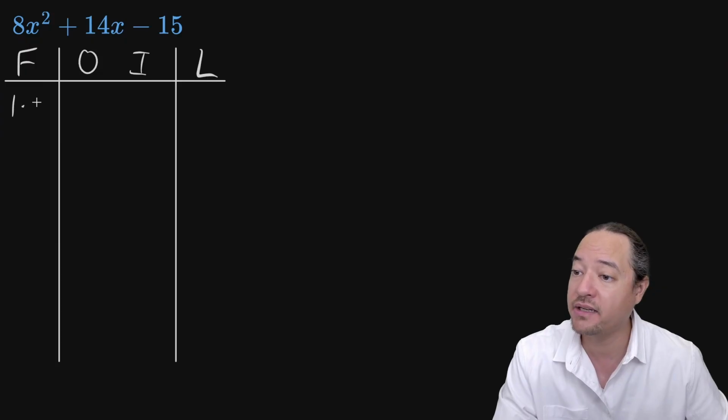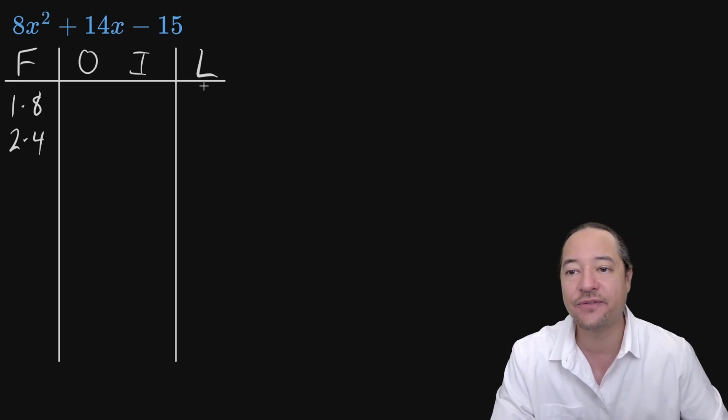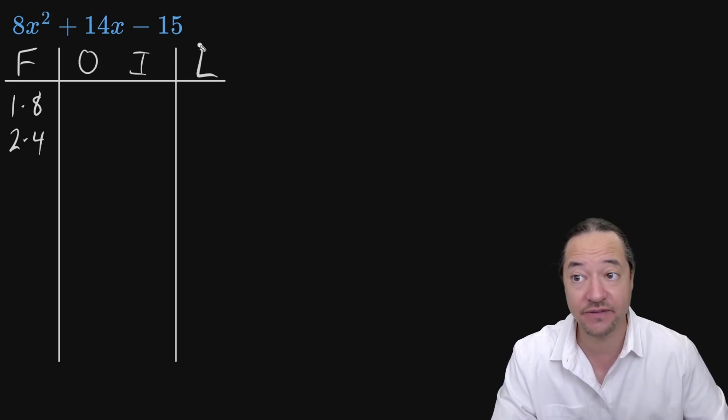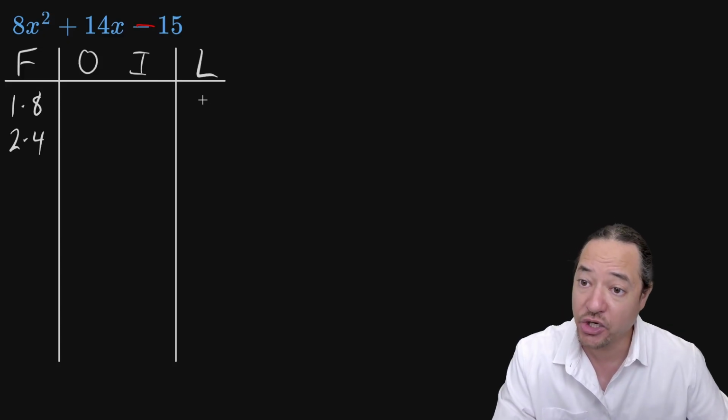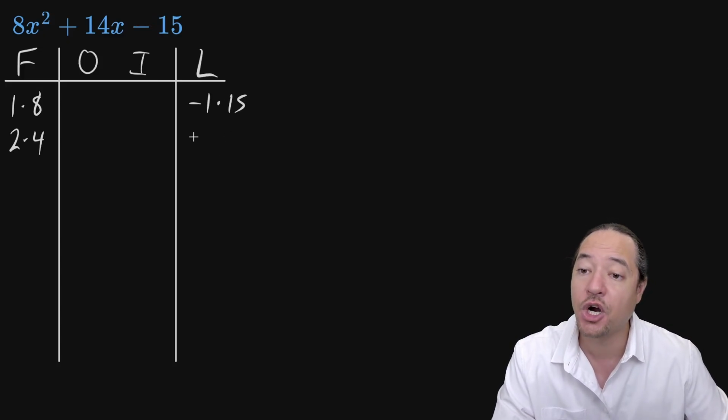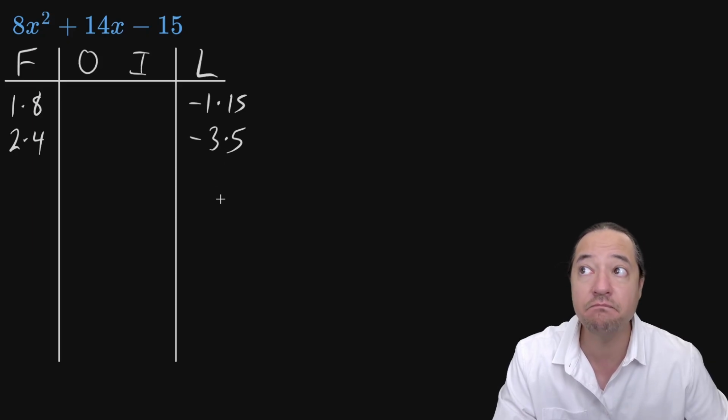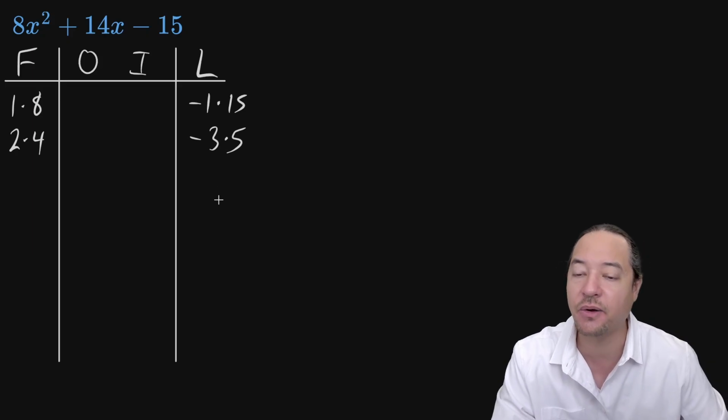We have 1 times 8, and of course we have 2 times 4, and I think that's it. Now for the last term, we have a negative 15. Keep that in mind. So we could have a negative 1 times a 15, or we could have a negative 3 times a 5. And I think that's pretty much it, okay?